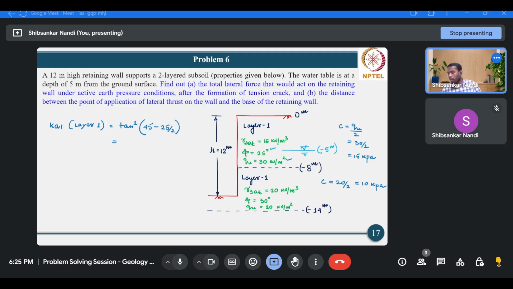So it's 0.406, and for layer 2 it will be tan square 45 minus 30 by 2.